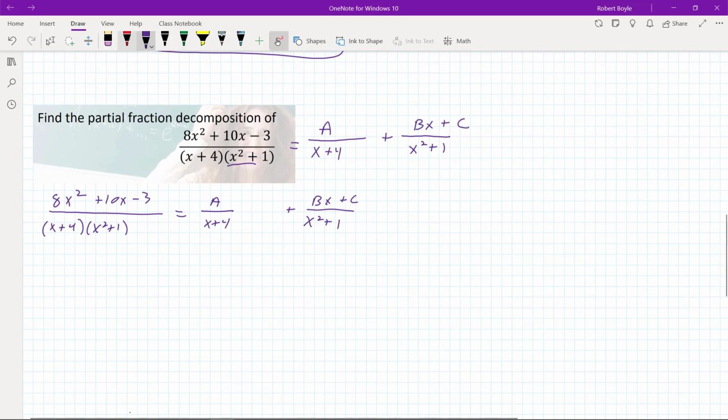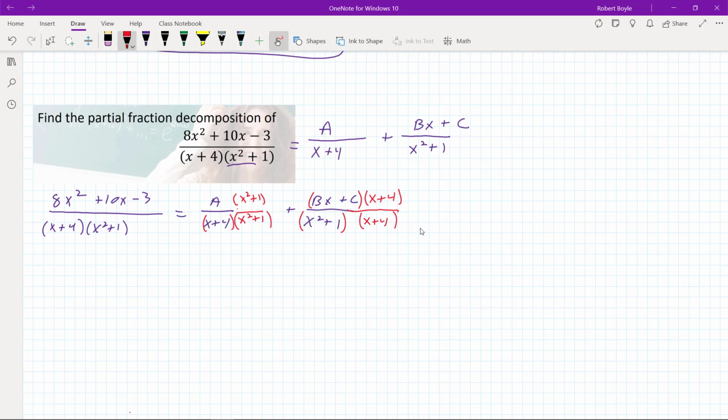Okay, first thing we need to do is make a common denominator. So I'm going to multiply this term by x squared plus 1 over x squared plus 1. And I'm going to multiply this expression by x plus 4 divided by x plus 4. Okay, and what will that give me?